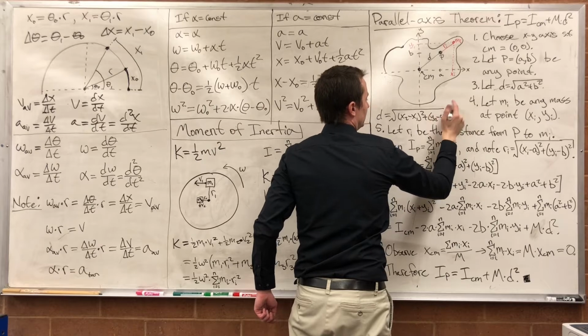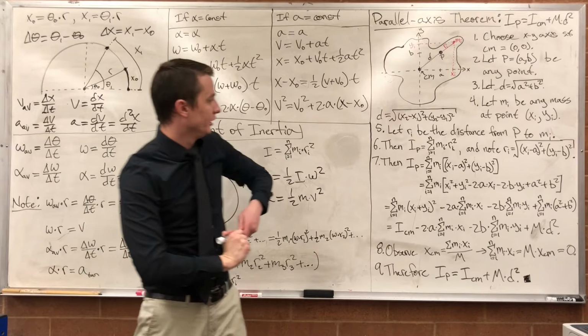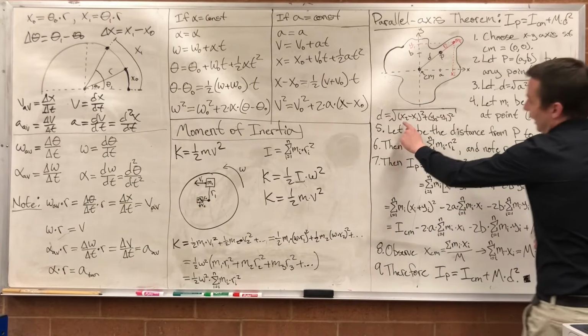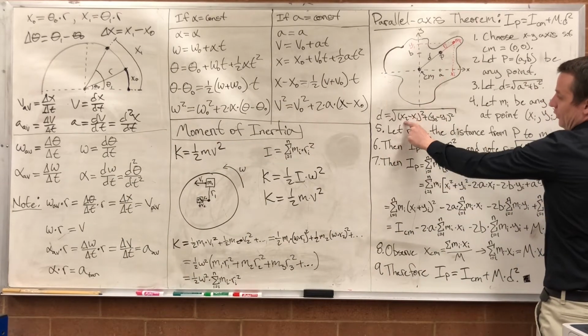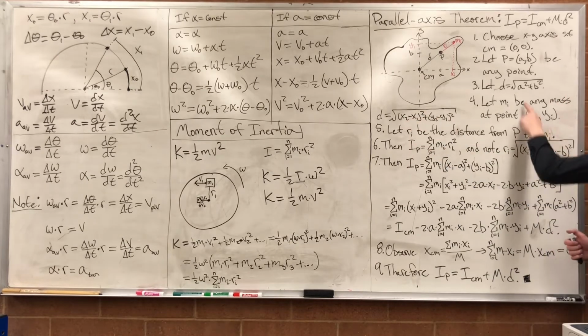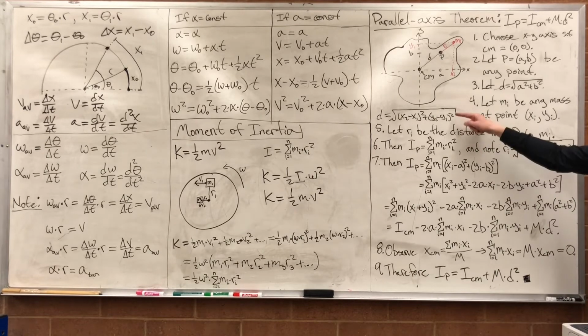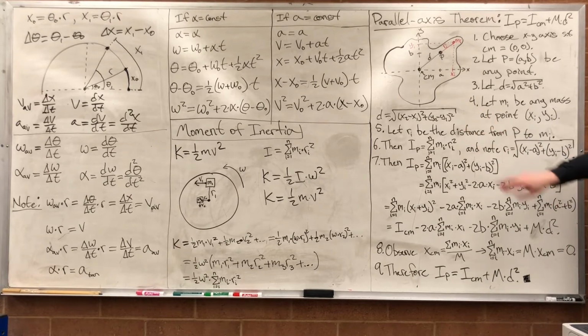You remember that formula? It uses the Pythagorean theorem. My x2 is a, my x1 is 0, so (a minus 0) squared is just a squared, and (b minus 0) squared is b squared. We're going to use that distance formula again, so I just want to throw it up there. So let d be that distance.